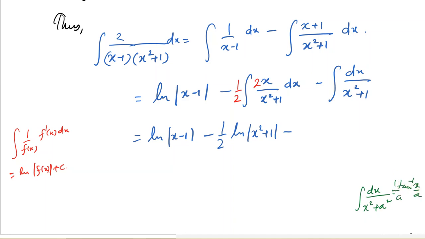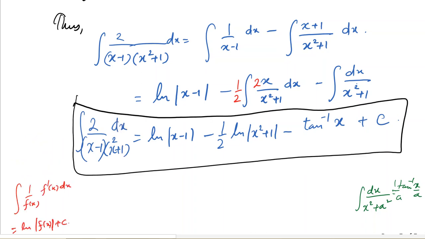So we have this inverse tangent form, and this should be equal to tangent inverse x plus c. So that is our required integral of 2 over (x minus 1)(x squared plus 1) dx.